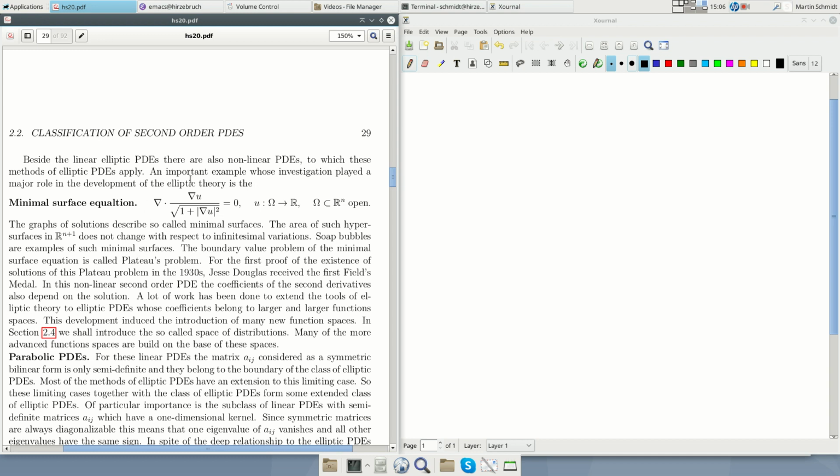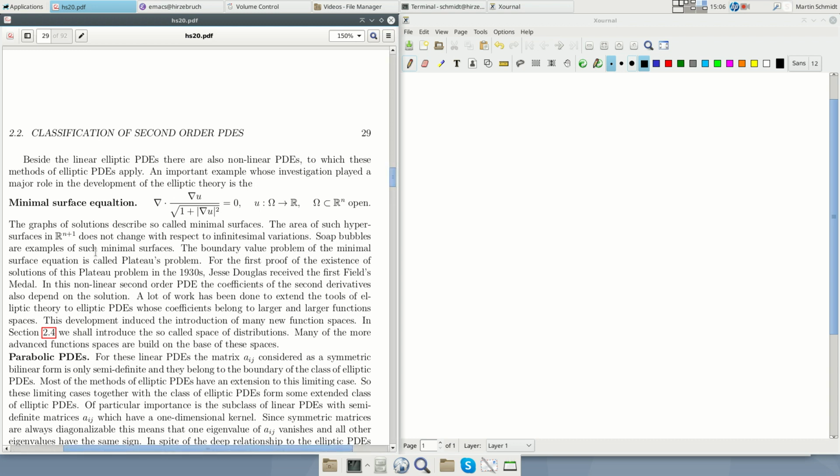So we have this equation, and we fix the value of u on the boundary of some domain. This is called a boundary value problem. The graphs of the solutions of these equations are so-called minimal surfaces.